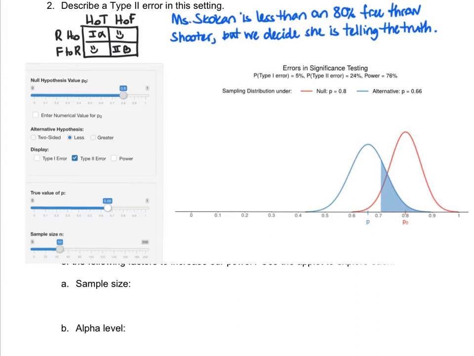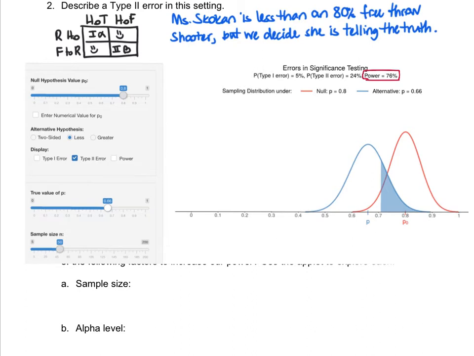You can see this blue shaded area is what we ended up having as our probability of a type 2 error. And it's given as 24%. Now, you'll notice something else, and that is the power. That's not something that we've talked about before.